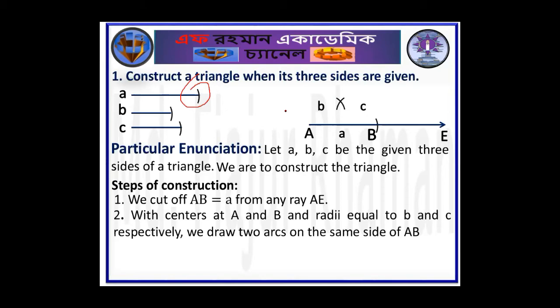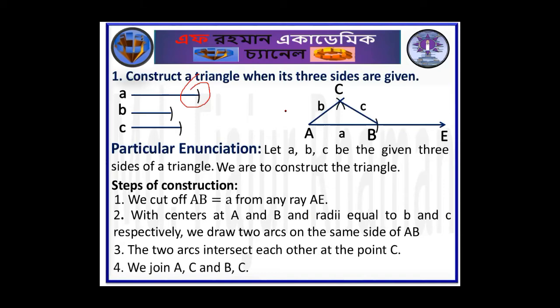With center B and radius equal to C, we draw another arc on the same side of AB. However, the two arcs intersect each other at the point C. We join AC, BC. Therefore, ABC is the required triangle.